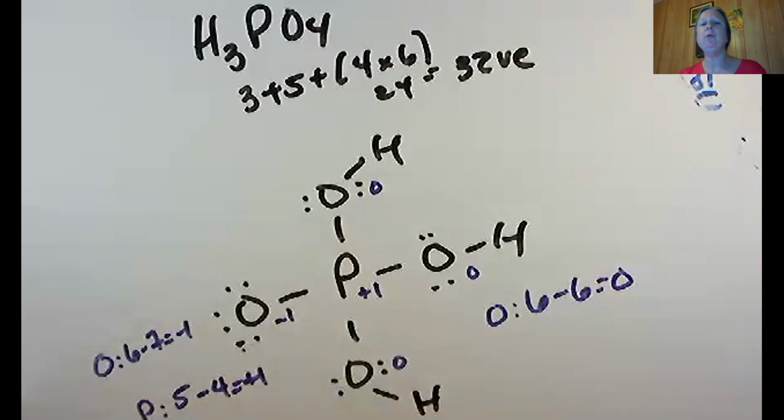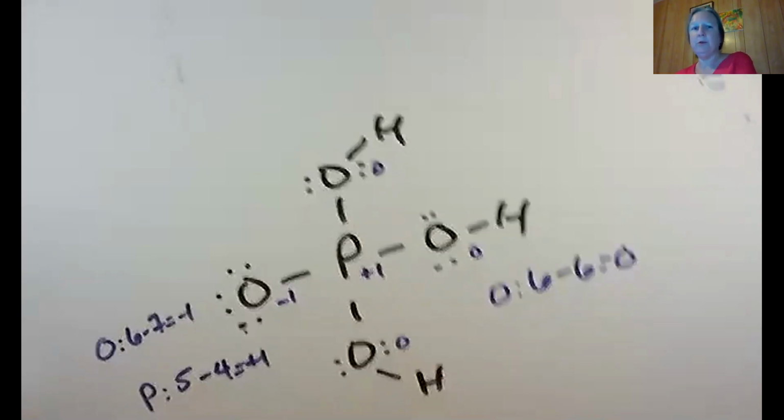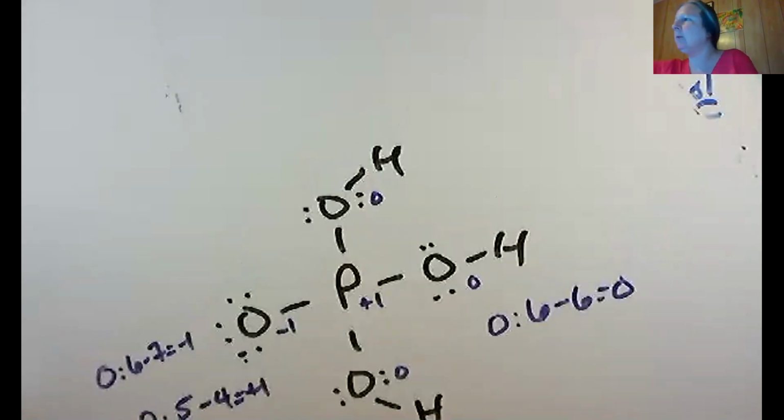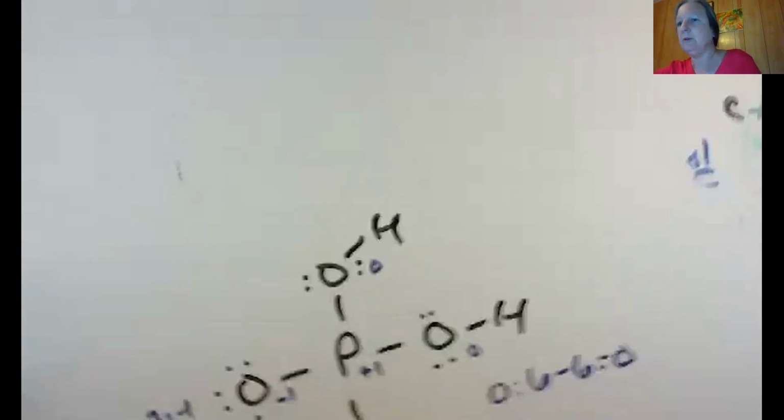Okay, but can we do another conformation that is a lower energy? And I didn't leave myself much room. So this is with single bonds all the way around. Let's go up here.